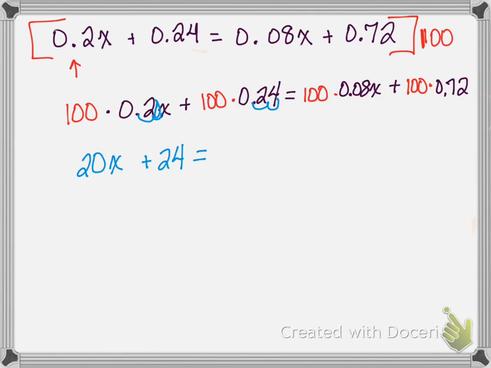Here I've got 100 times 8/100 x. I move that decimal spot 2 places, and I get 8x. Here I've got 100 times 72/100. Move that decimal 2 spots, and I get 72. Okay? Does that look like a problem we have solved before?